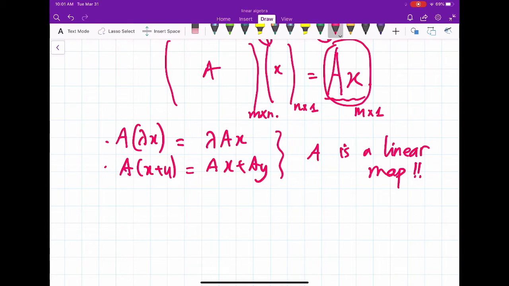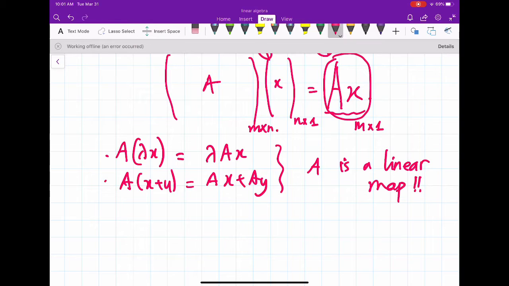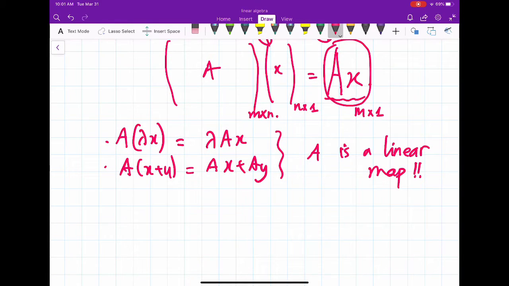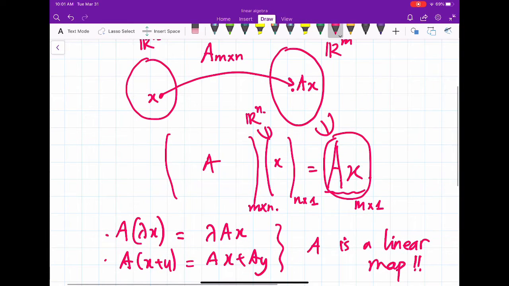That's why we can consider a matrix as a linear map, and we call such linear maps linear transformations. Make sense? Because we transform one vector x into another one. That's why we have a transformation. Okay?